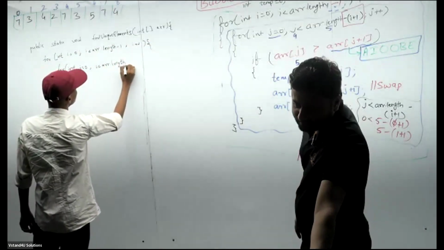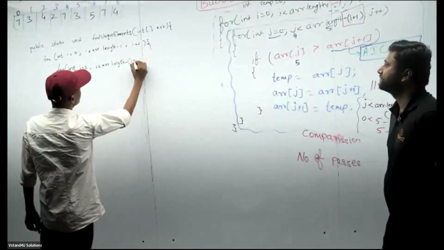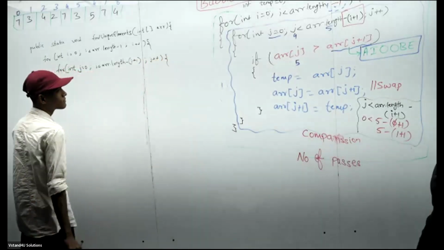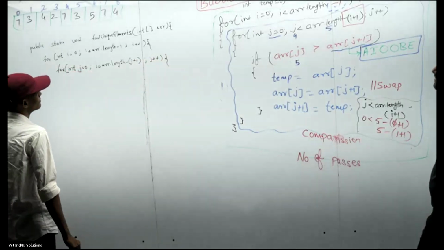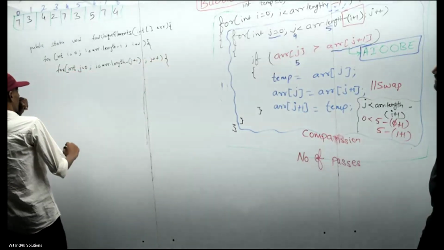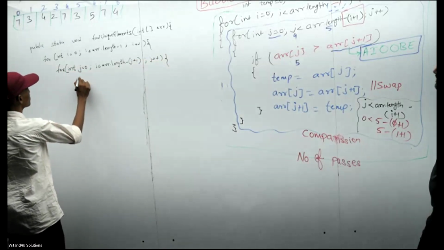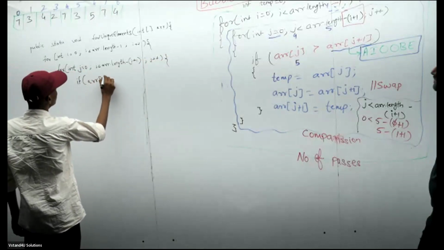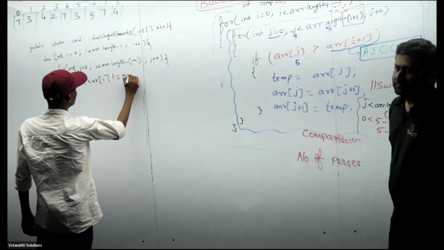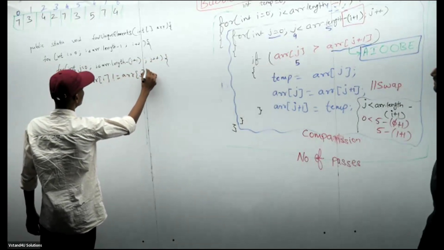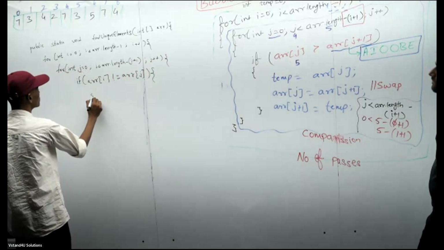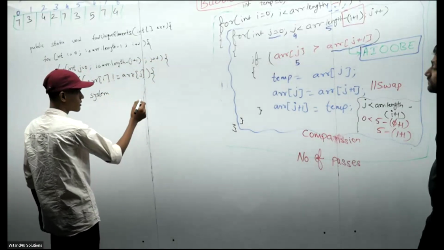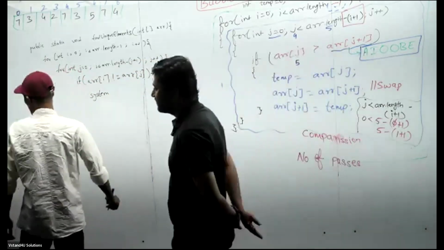But bubble sort is clear. Both you will start from 0. Okay, continue. Array SOP write down, no issue.